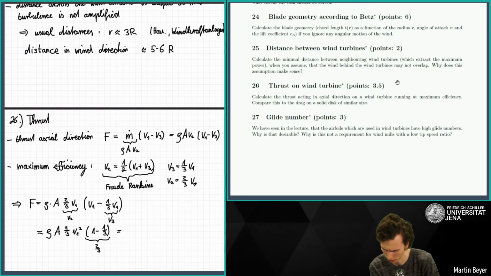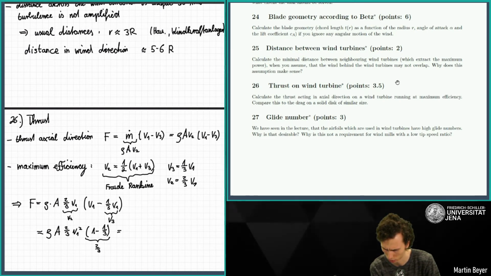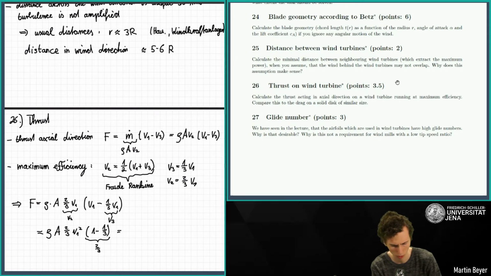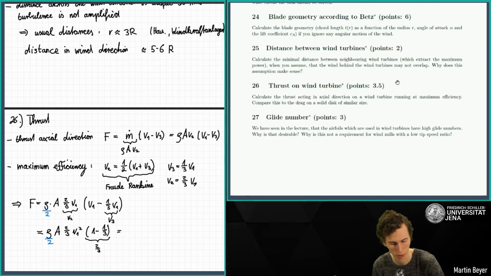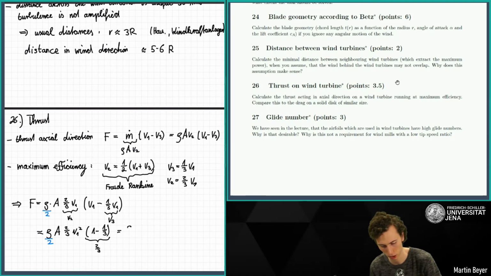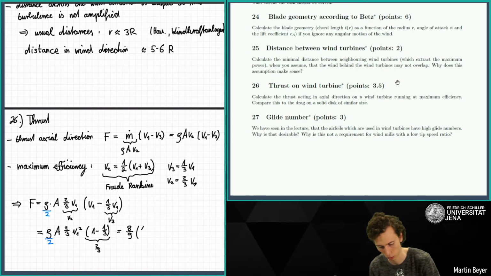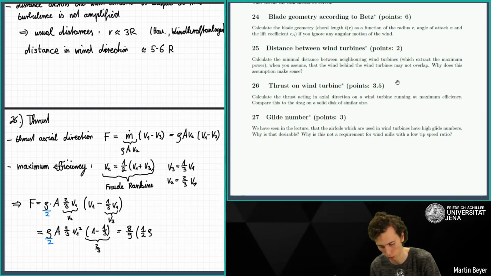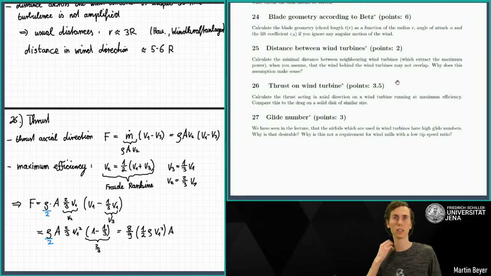Or did I make a mistake here? Yes, I think so. Where did I make the mistake? Oh, of course, I forgot the over 2 here. So we find in the end that this is just 8/9 times 1/2 rho times V1 squared times A. And we will see in a minute why we write it in this way.